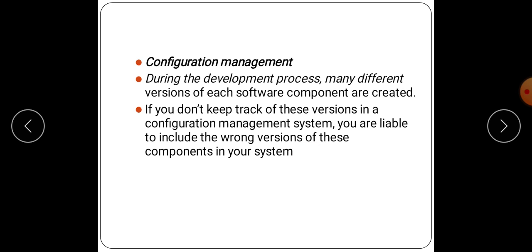So there will be many versions of software, and we should keep track of them, like version 1, version 2, version 3, version 4, we should document them. If you do not document the versions, you may include the wrong version of the component in your system.